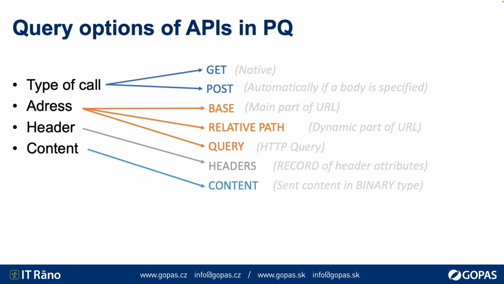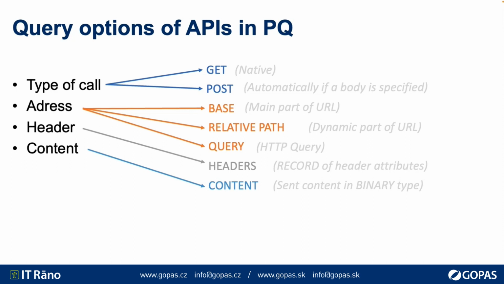The headers are a record that should contain all the attributes that are necessary for our call. And content is really the body of a call that we would like to send. And this content every time has to be sent as a binary type. So if we will be sending some JSON, we will have to convert it into binary, but we can do this all inside the Power Query.